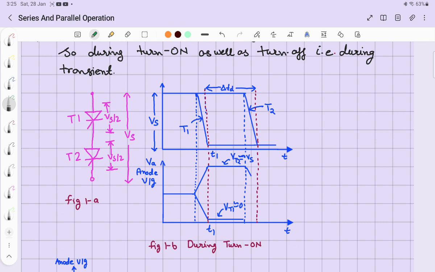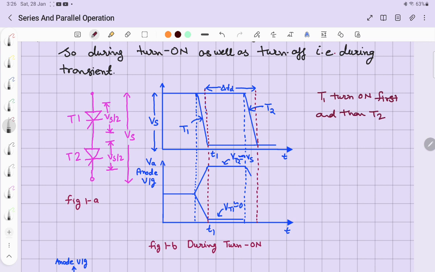Here you can notice during the turn on process, thyristor T1 turns on first, and then thyristor T2.